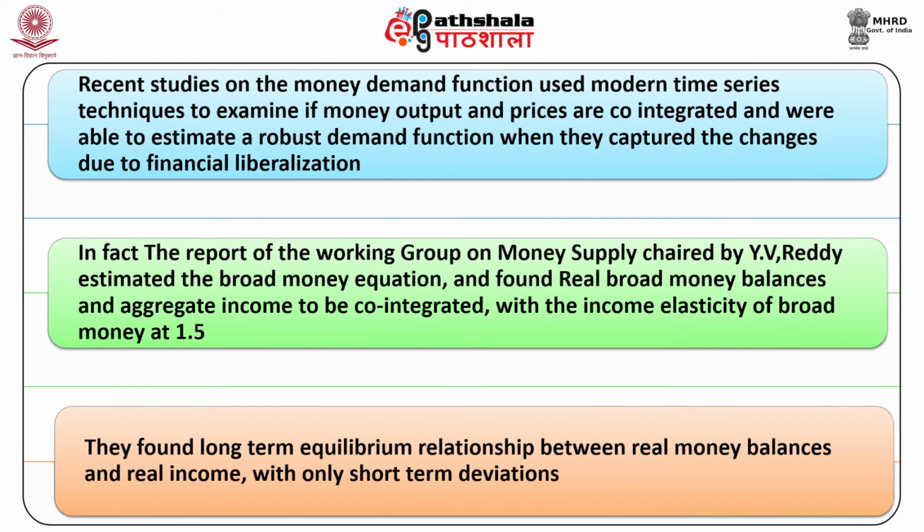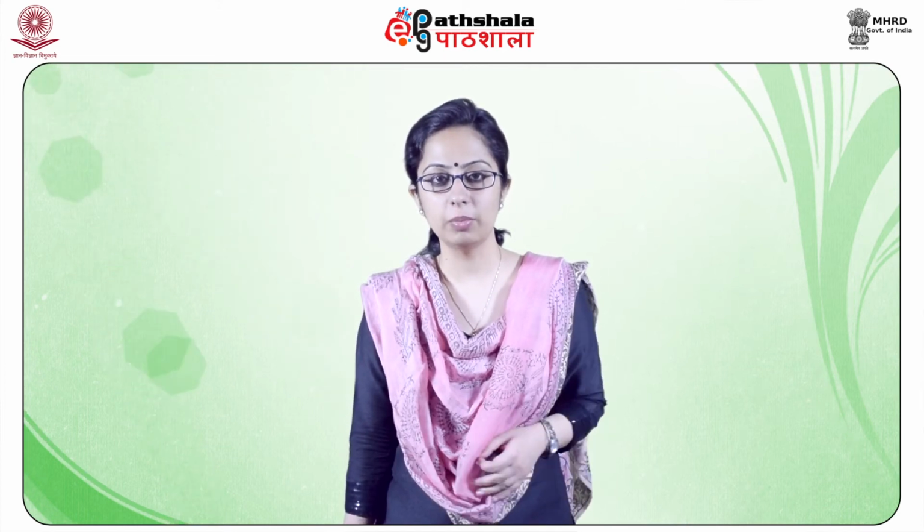They found long-term equilibrium relationship between real money balances and real income with only short-term deviations. The estimated demand equation for the new broad money aggregate NM3 used the index of industrial production as a proxy for output, which despite being a limitation gave interest rates and exchange rates as important determinants of money demand.